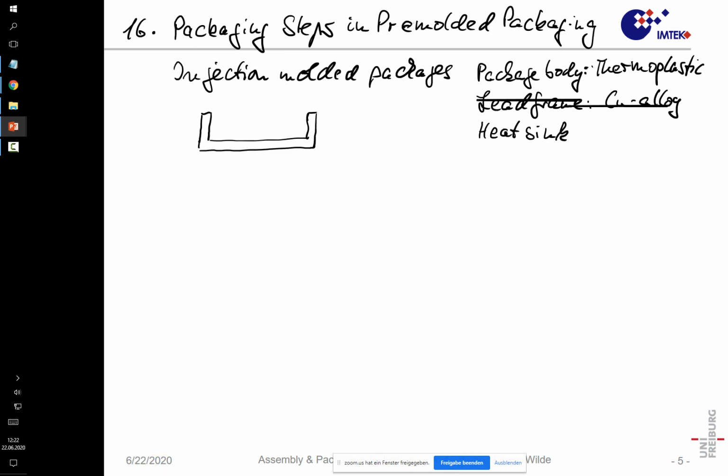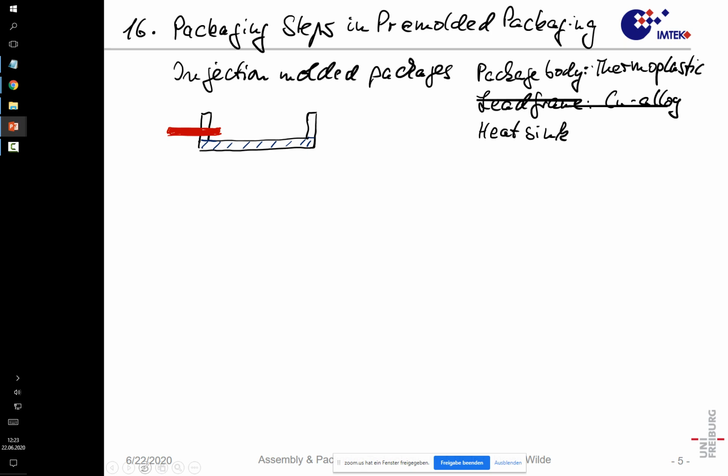So today, let's make it simple. We only have a lead frame to one side, and then we could show, for instance, the bottom could be some different thing. So that could be, for instance, some heatsink material. For instance, that could be a metal plate or such a thing.